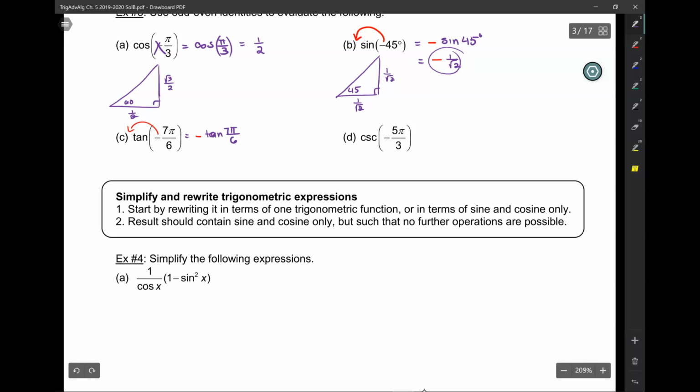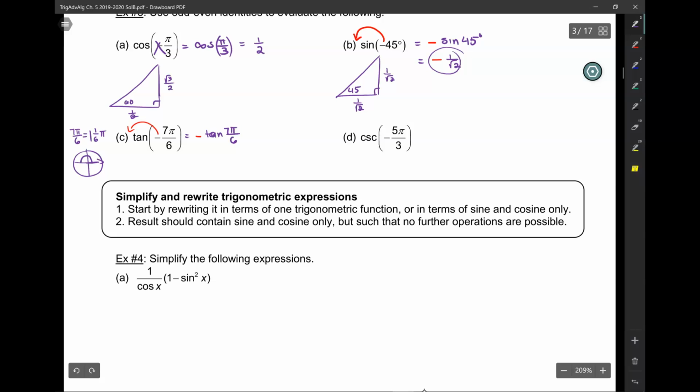Now, this one we're really going to have to go back and back. So, how are we going to find tangent of 7 pi over 6? First of all, what was 7 pi over 6? It was 1 and 1 over 6 pi, right? So in what quadrant will that fall?